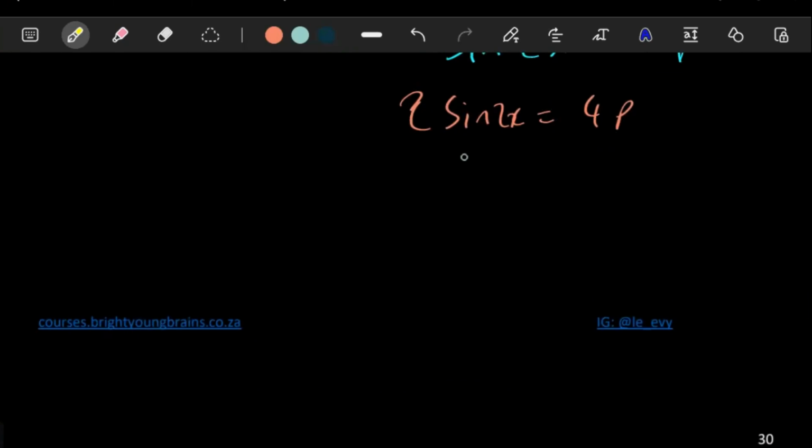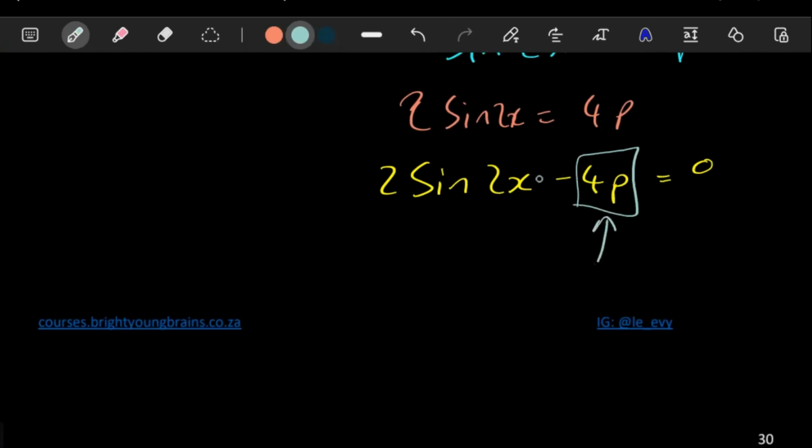Without you doing anything crazy, all you need to know is this graph, right? If you have here 2 sine 2x, if you move the 4p to the other side, this is what you have. For this equation to be equal to 0, this part here has to be 2 or negative 2.